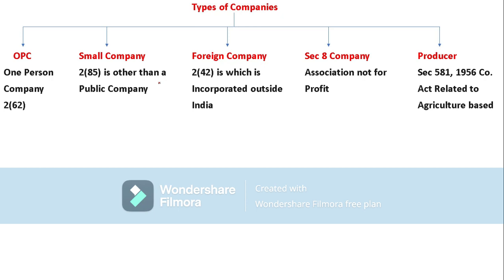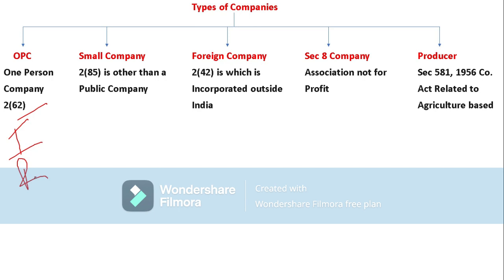If a person wants to form a one person company, he should be an Indian citizen and also a resident of India. Both should be there. Then it is considered a one person private limited company.